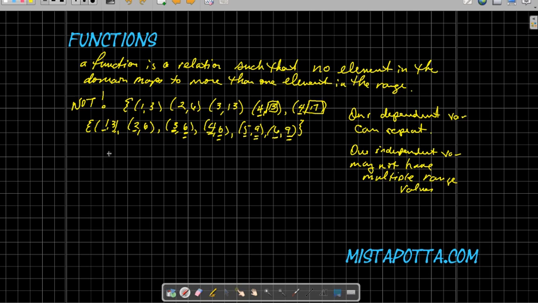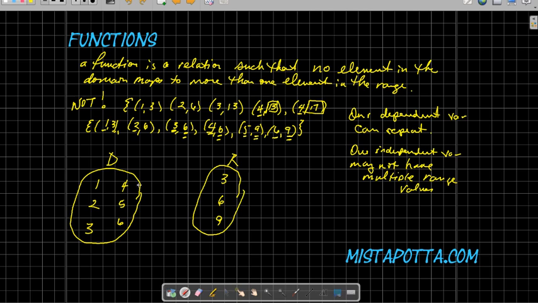If I were to look at this as a mapping, my domain would have 1, 2, 3, 4, 5, and 6 in it. That would be my domain. My range would have 3, 6, and 9 in it.